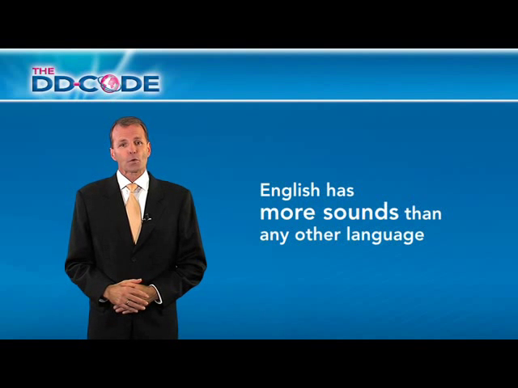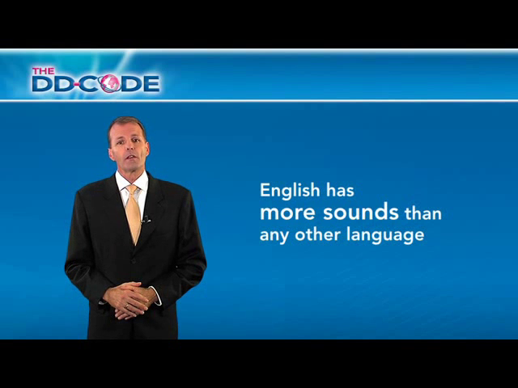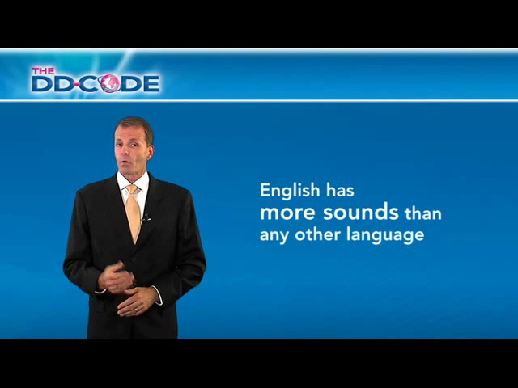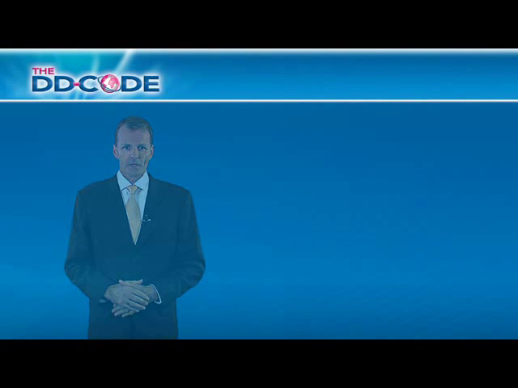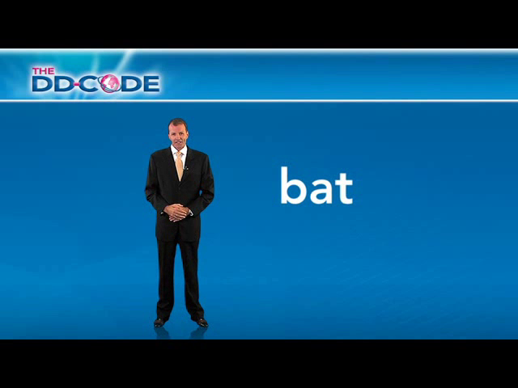But it only has a 26-letter alphabet, which means each letter can have more than one sound. That is why English is so confusing. Let me give you an example. To say the word bat, you need to know how to pronounce each letter. The B is easy, B, and so is the T, T. But there is no 100% correct rule for pronouncing the letter A. Why?